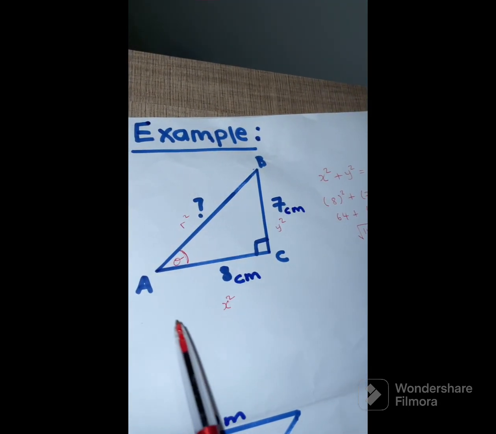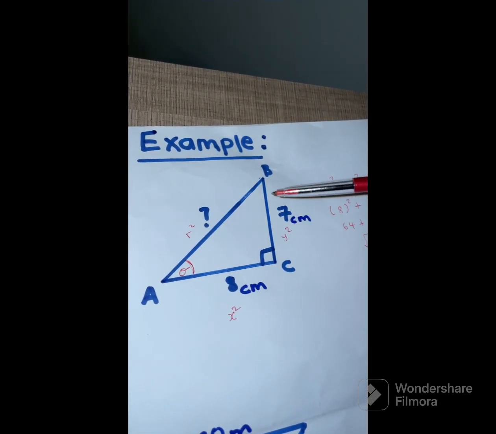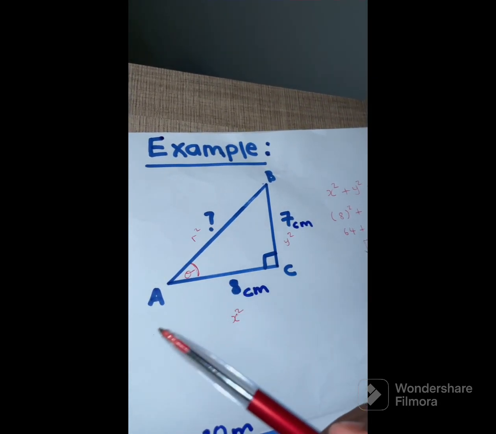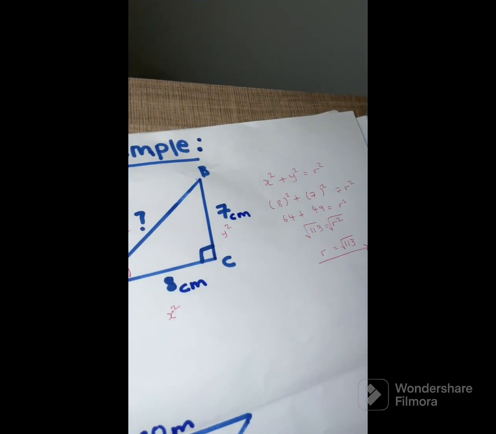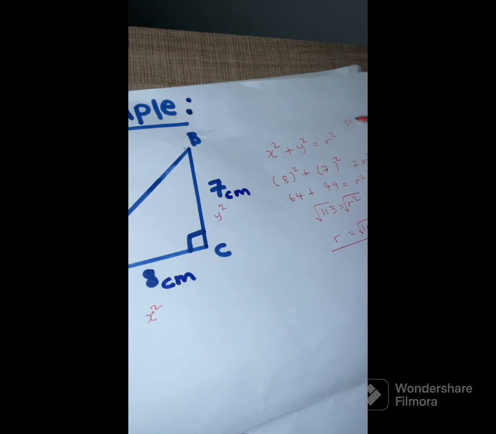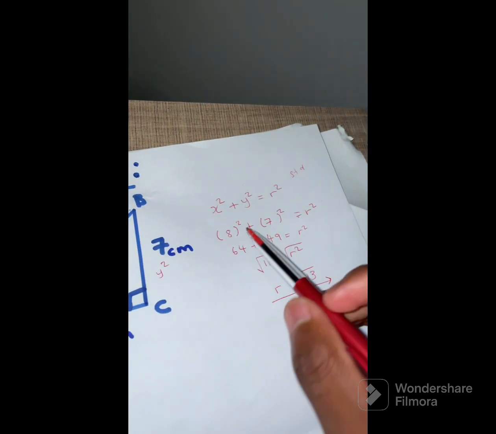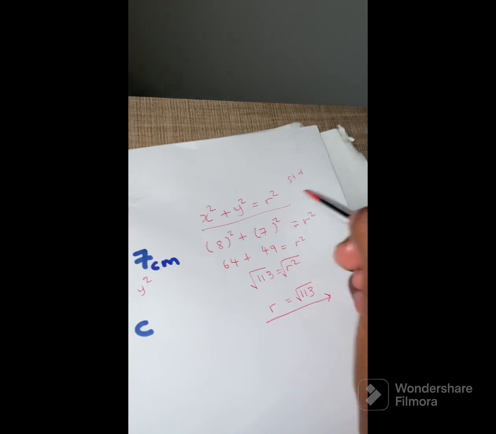They've given you the adjacent side and the opposite side, and now they want the hypotenuse side. So we have our standard formula, x squared plus y squared is equal to r squared.